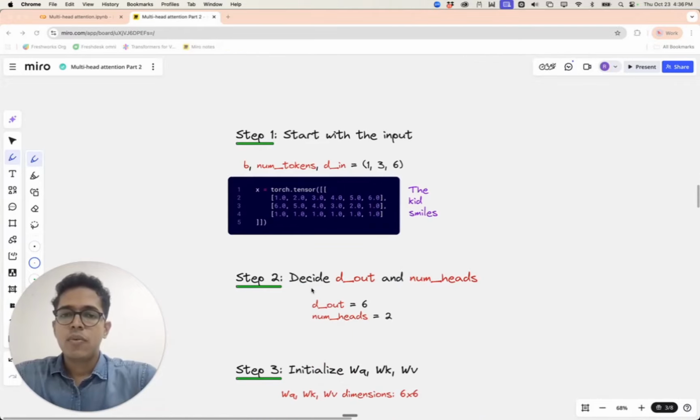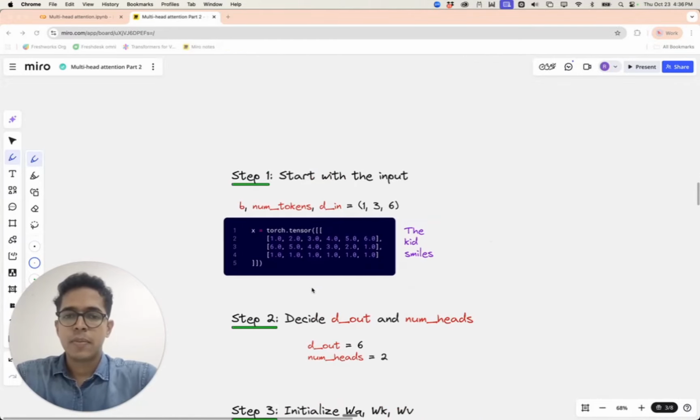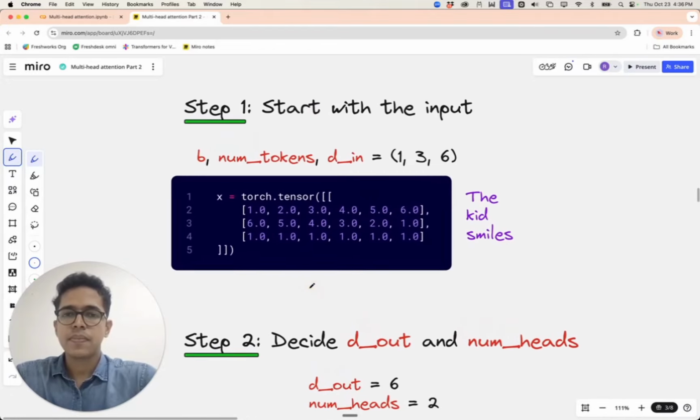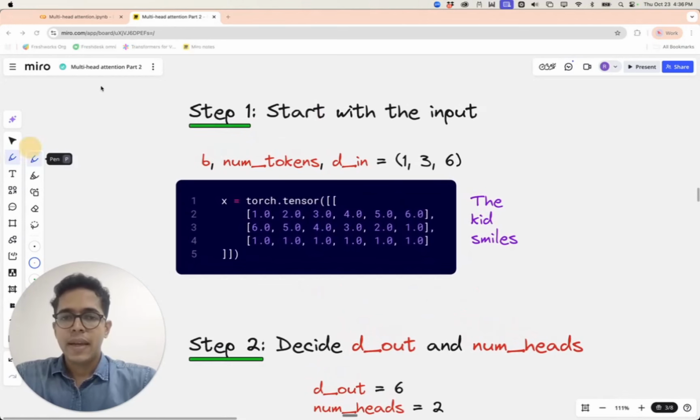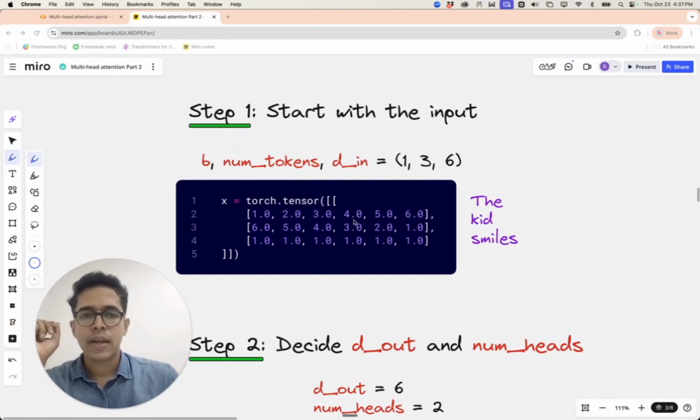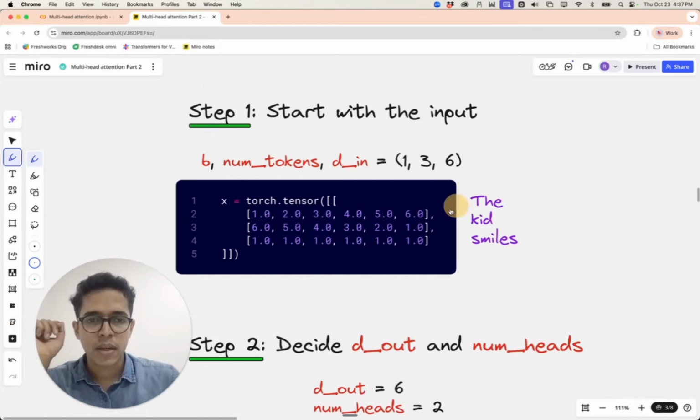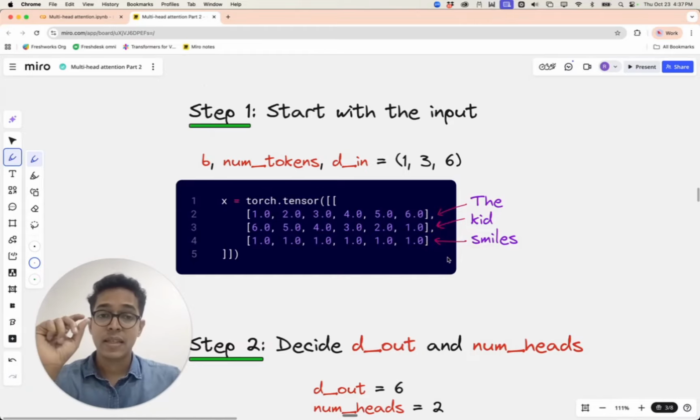So let's see what we should do first. Let me zoom in a little bit. First, let's start with the input. So let's say I have 3 input tokens. Here I'm simplifying a few things. The kid smiles. So this is the token corresponding to kid. Here, what is the dimensionality of each token?